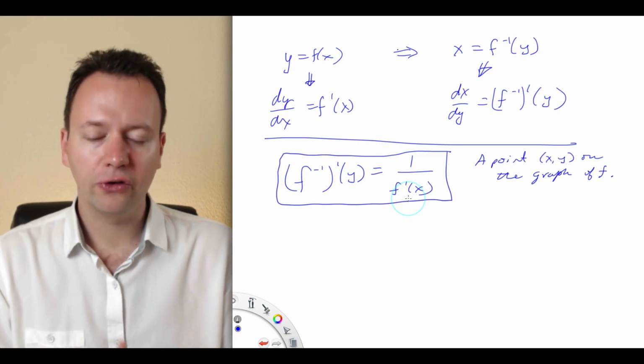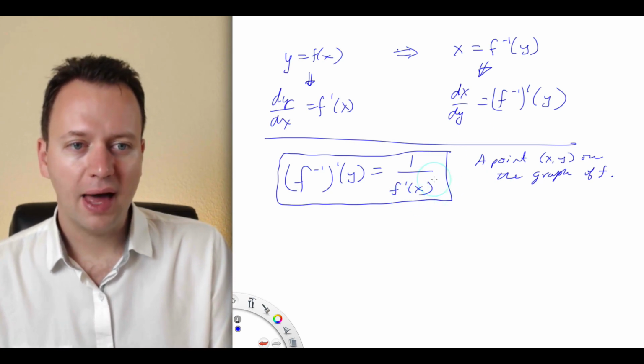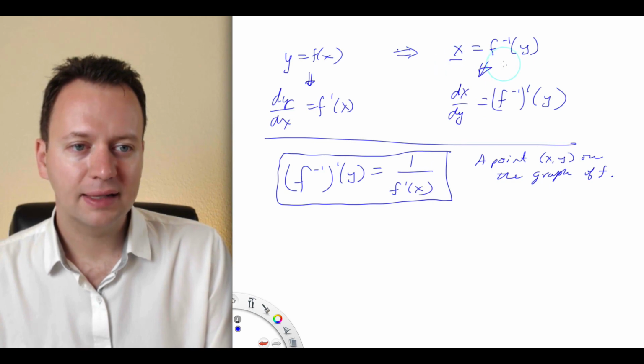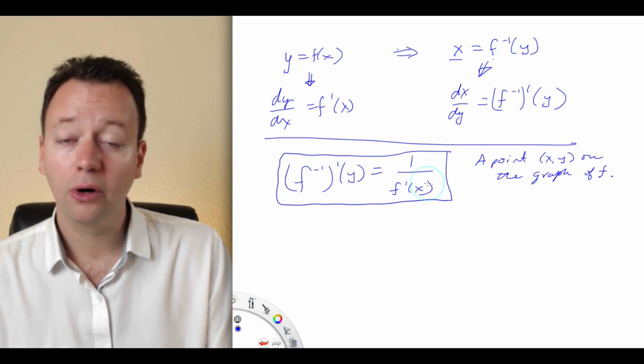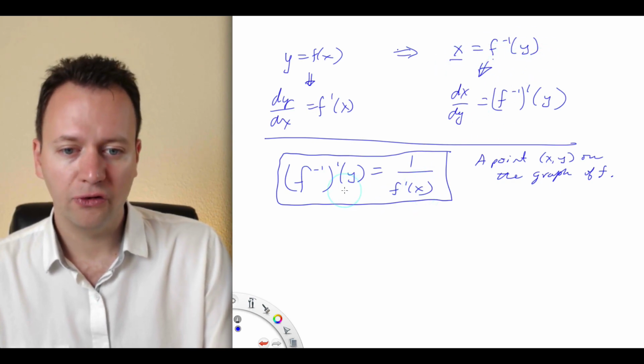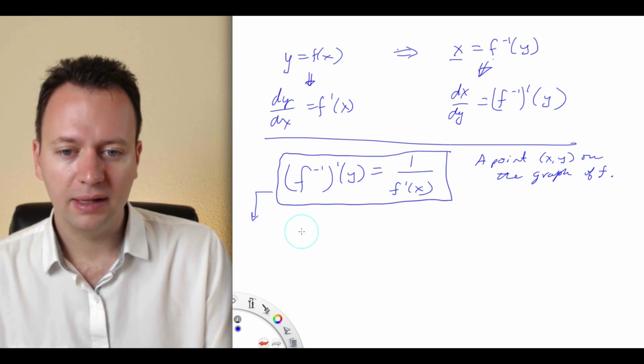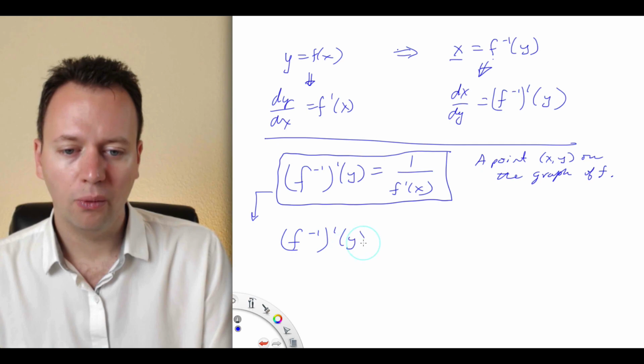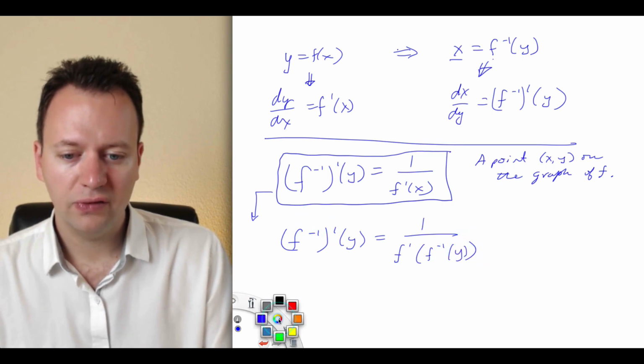So we want to use a common variable. To do that, we recall that x is equal to f inverse of y. So we're going to replace x with f inverse of y. As a corollary, f inverse prime of y is equal to 1 over f prime of f inverse of y. Now we have achieved a consistent variable.